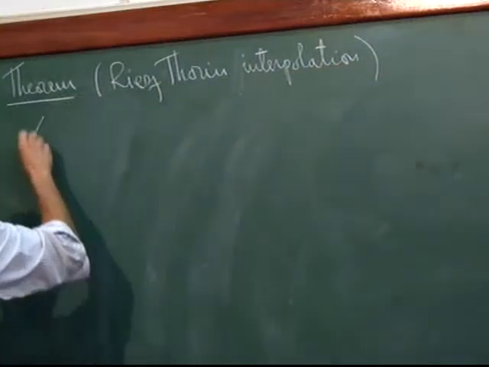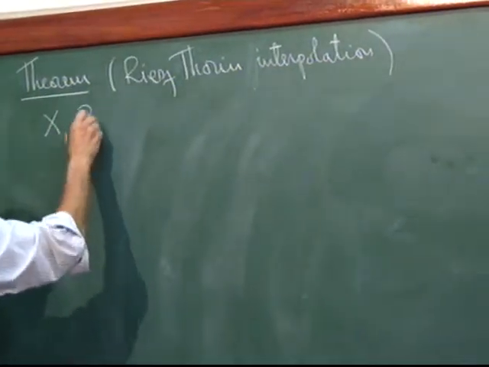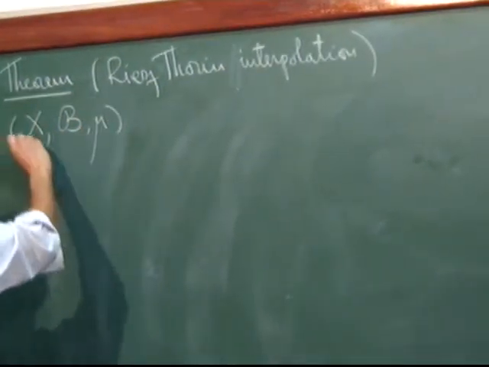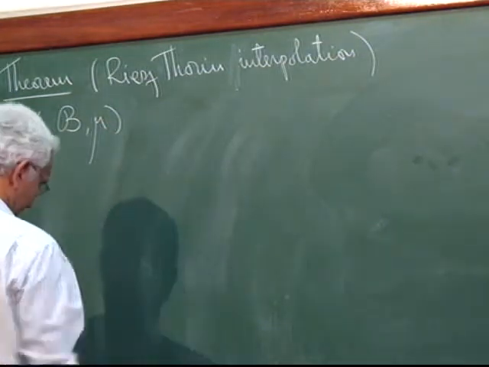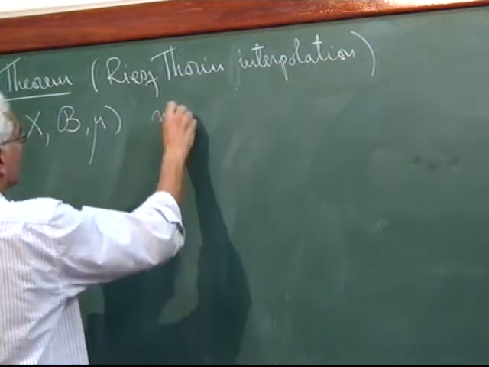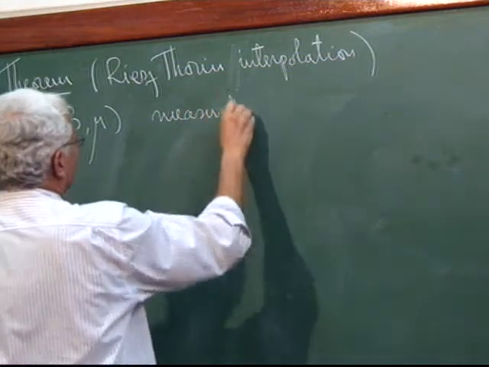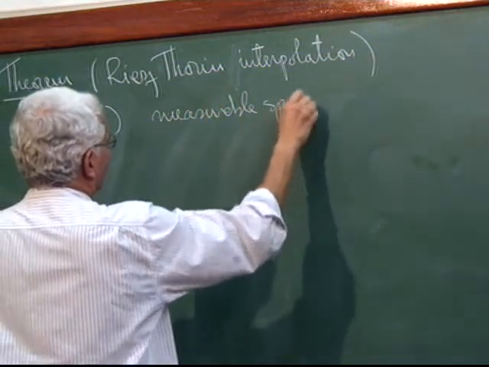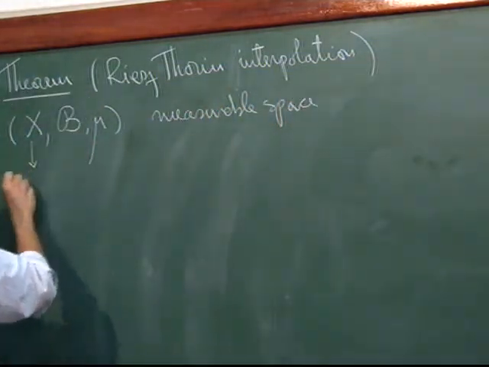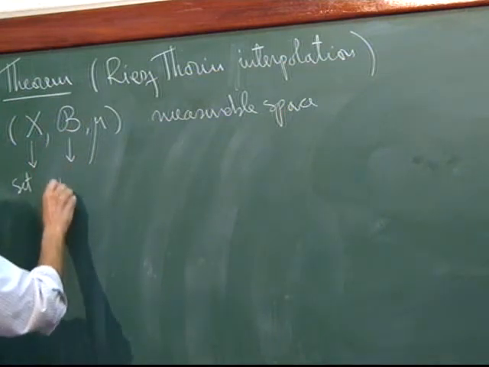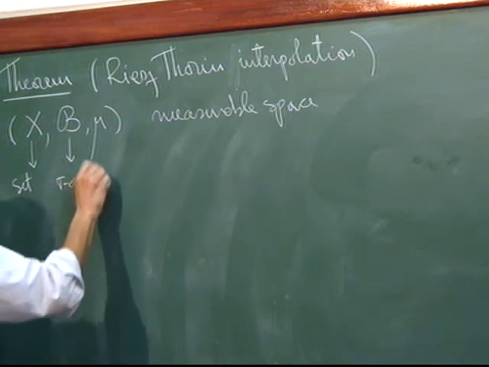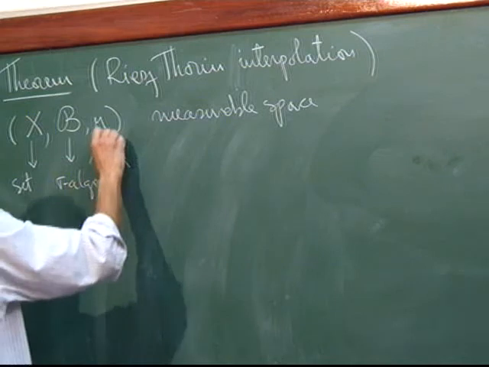Suppose that you have (X, B, mu), where X is a set, B is a sigma algebra, and mu is a measure.